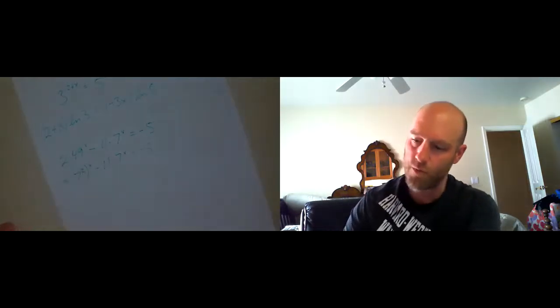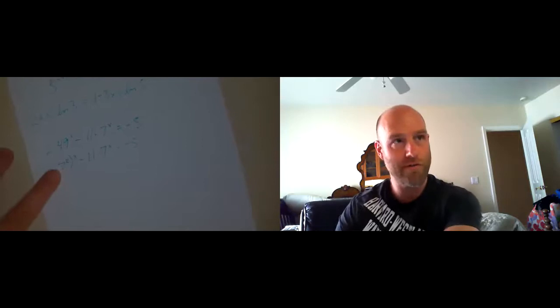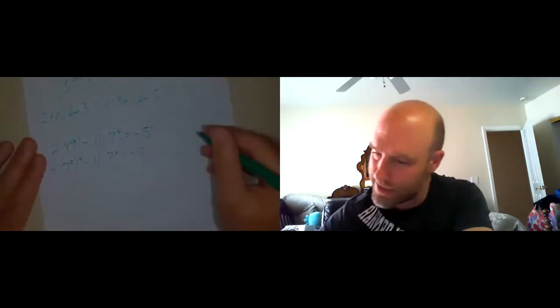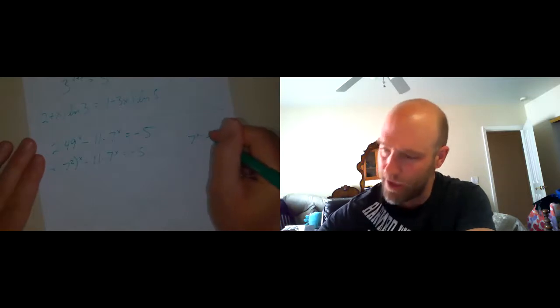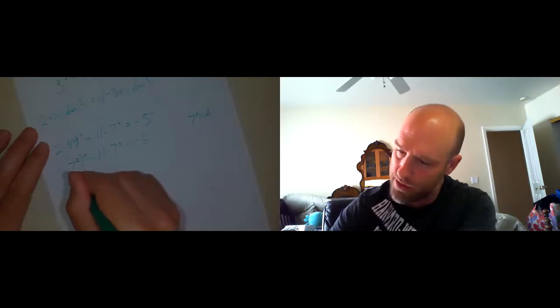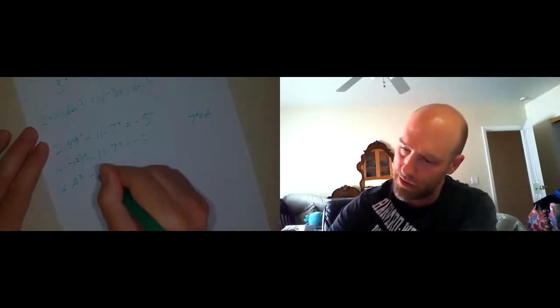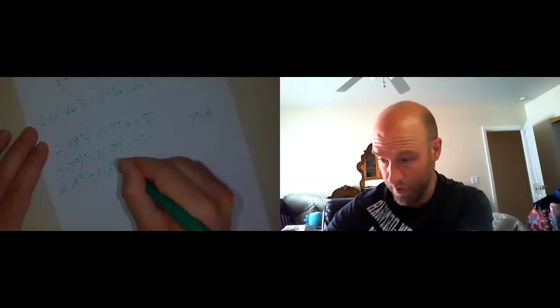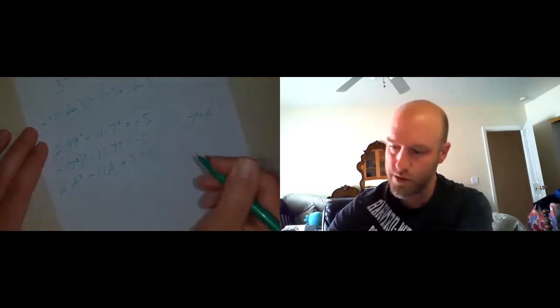My parentheses aren't really doing much good for me here. In fact, they're making it harder for me to see that if I call 7 to the x equal to a, I can rewrite this as 2a squared minus 11a plus 5 equals 0.